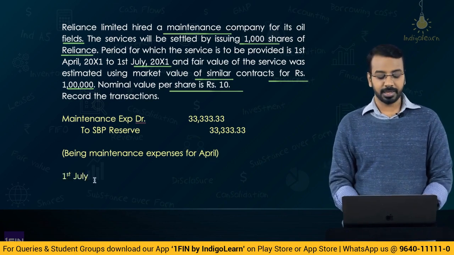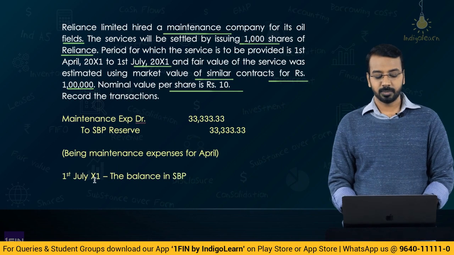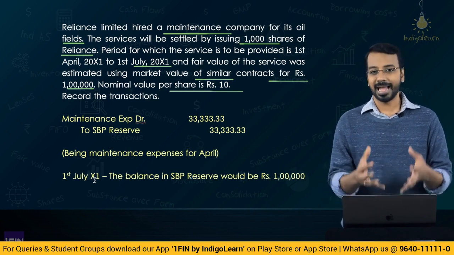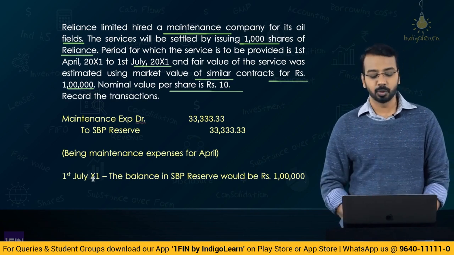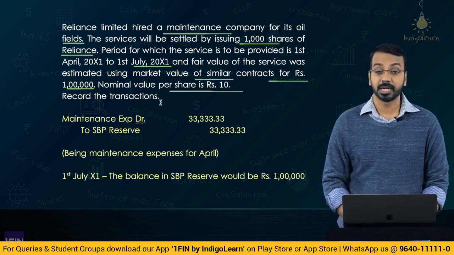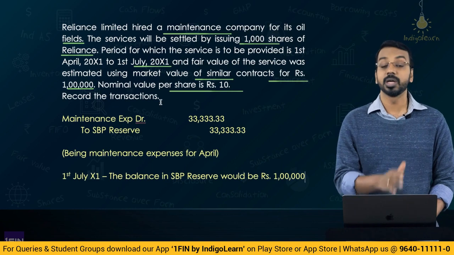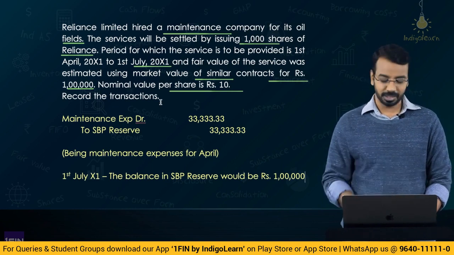Then on 1st of July of year 1, the balance in SBP reserve would be rupees 1 lakh, and against this we will be issuing equity shares. How many shares would be issued? 1000 shares. And what is the nominal value per share? 10. So 1000 multiplied by 10, the face value of shares issued is 10,000. The balance 90,000 is towards securities premium.